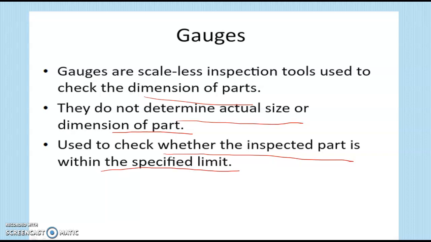Gauges used for this are known as limit gauges. If the inspected dimension is within the specified limit, the part is accepted. If it is outside the specified limit, it will be rejected.